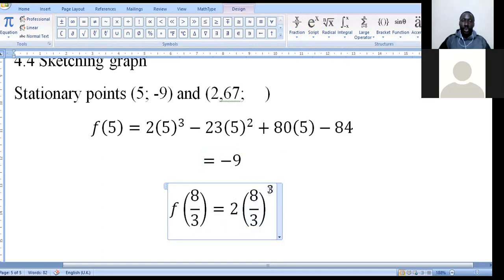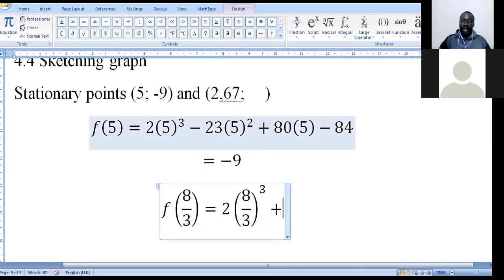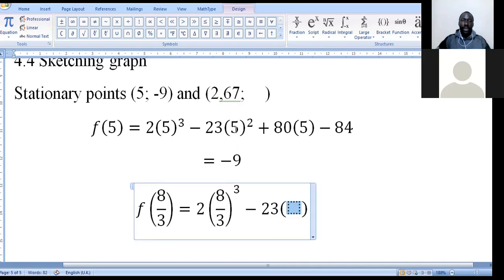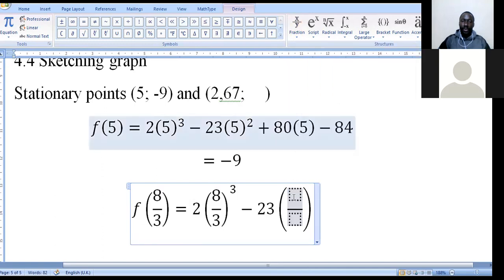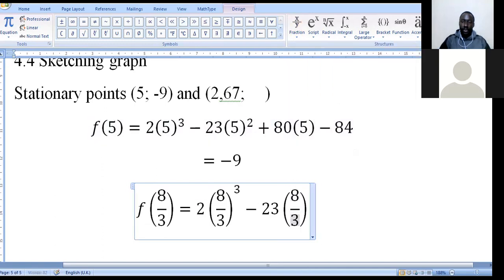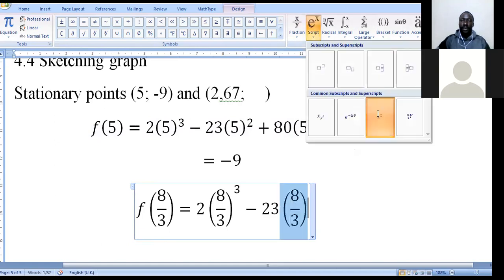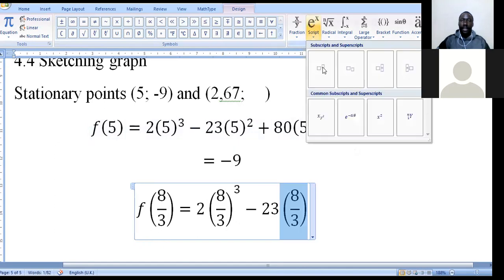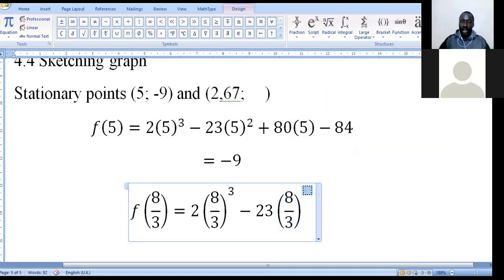Then the next thing is to minus 23, then inside there we put 8/3. But we have to do what? We have to square it. Yeah, we have to square this.